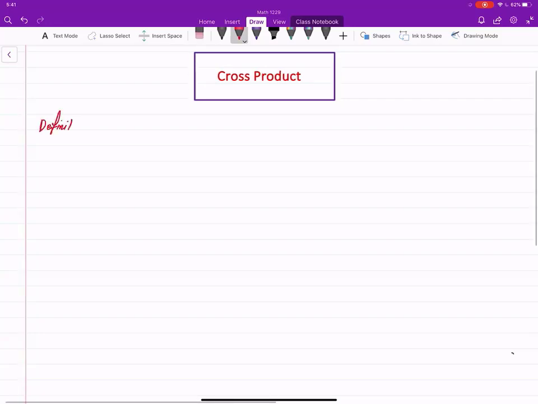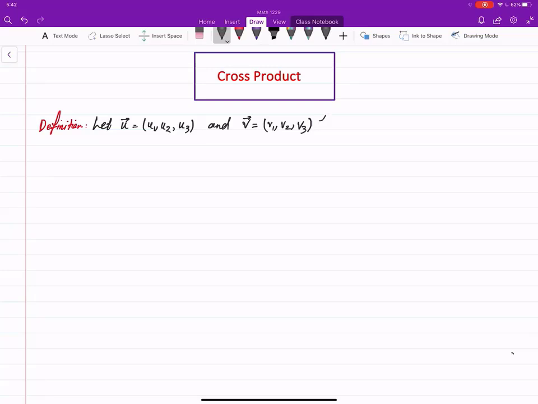Definition. Let two vectors U, which has three components, and V, again the same, be vectors in R3.